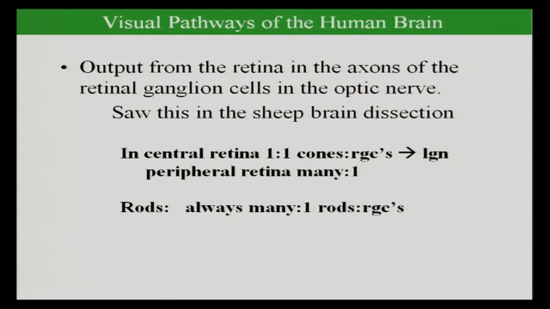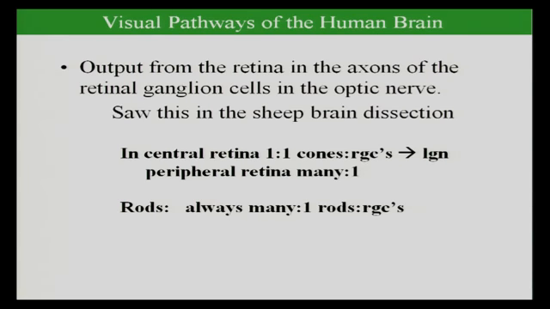I'll just tell you that the next part of the pathway, if you remember from your anatomy, and we'll go over this again, is the lateral geniculate nucleus in the thalamus. So the axons of the retinal ganglion cells go out to the thalamus, and they make their first synapse on those cells there. So when you see LGN, it means lateral geniculate nucleus of the thalamus.